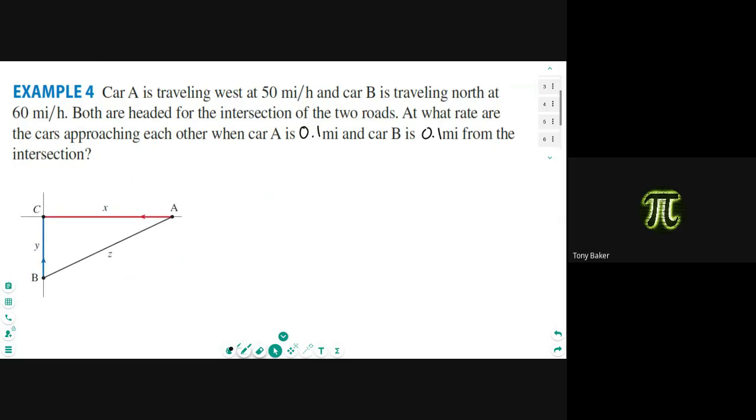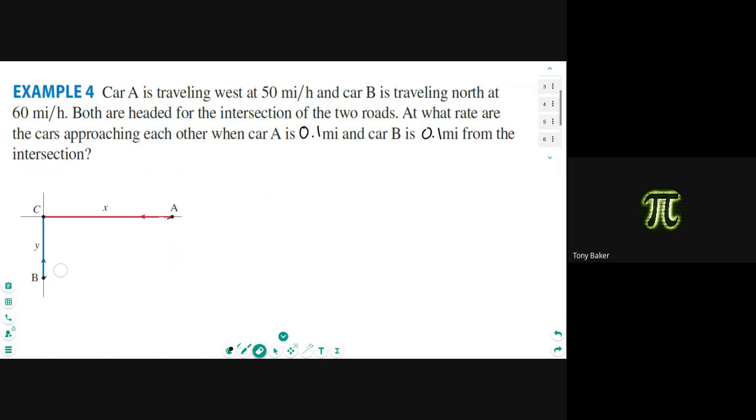So here is car A and car B. They want to know how fast they're approaching each other. So if two cars are coming head on to each other, that's easy, right? You just add.